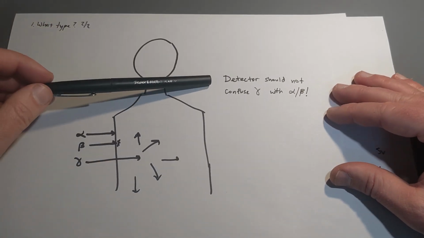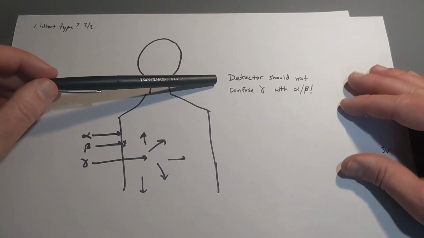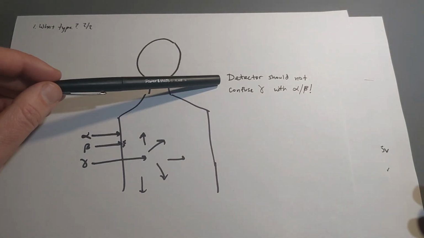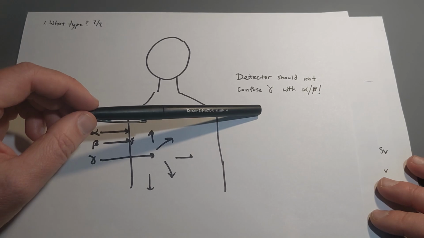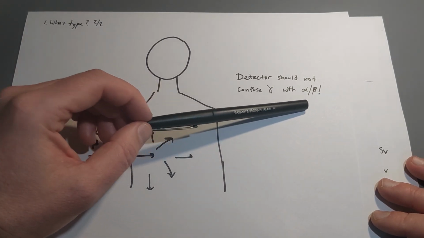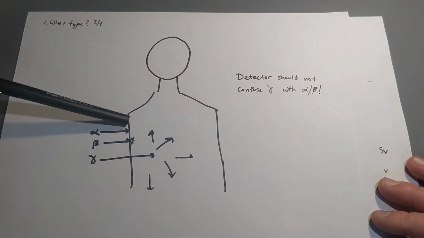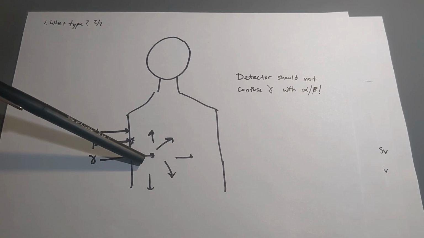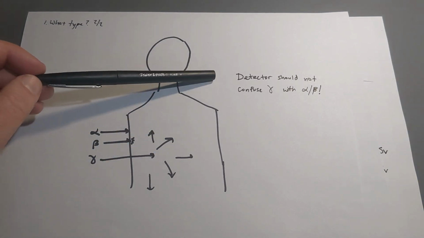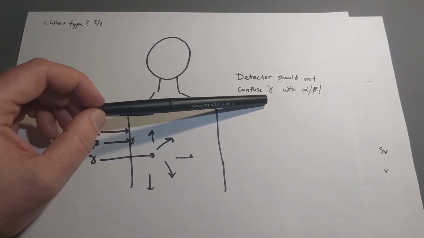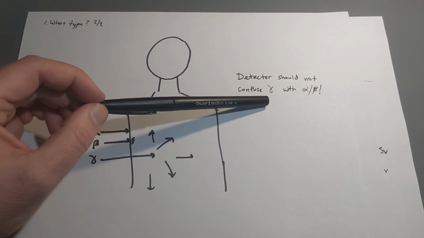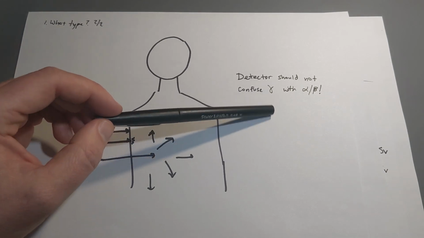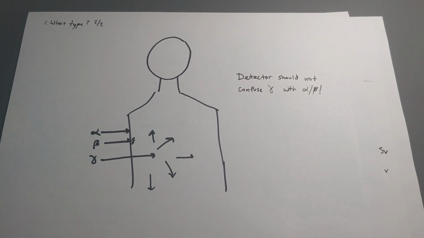The takeaway here is really that your detector should not confuse gamma with alpha and beta, or to say it differently, it should usually just not measure alpha and beta. Those should be blocked from the sensor or somehow taken into account, so that your detector is only measuring X-ray and gamma. That's one requirement for having a good dose rate measurement in ordinary circumstances.